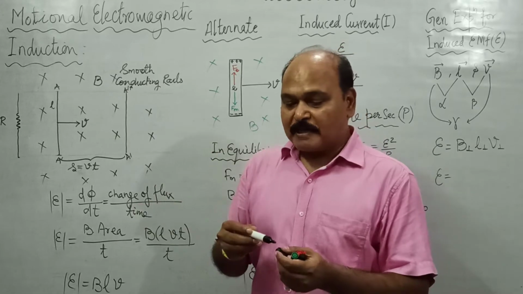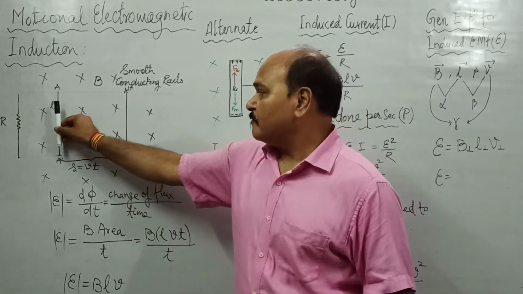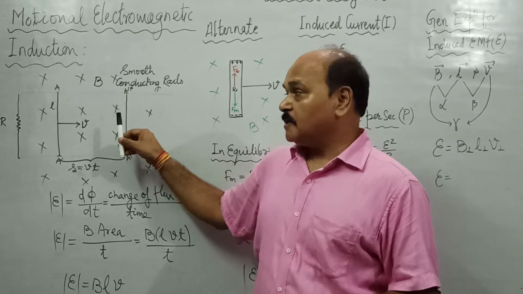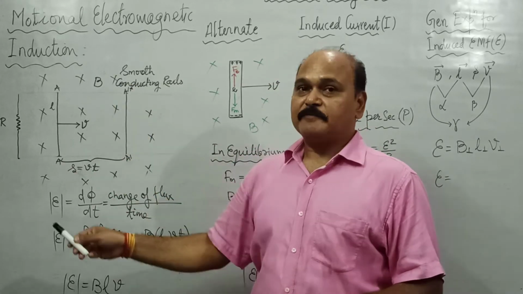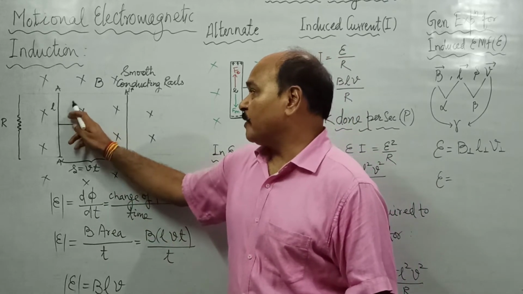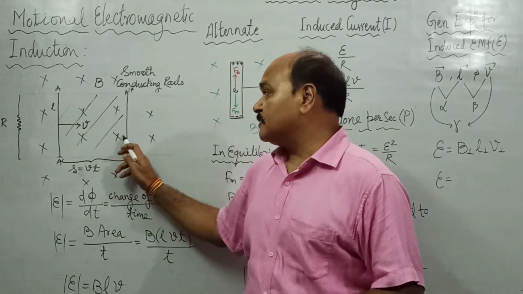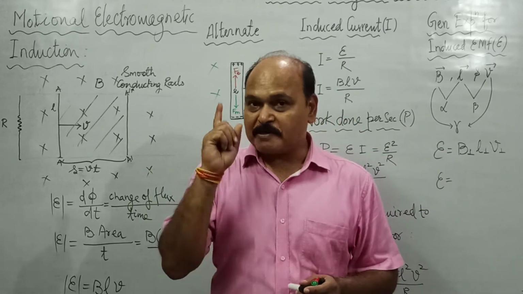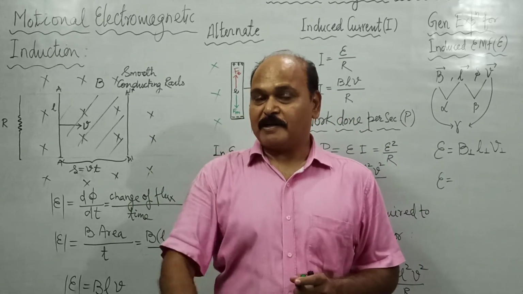Why? Because as this conductor moves from one place to another in this transverse magnetic field, it sweeps a certain area. The flux lines in that shaded area which the conductor sweeps pass through this conductor one after another.